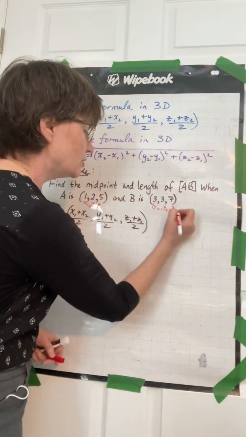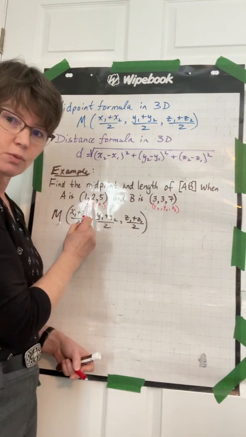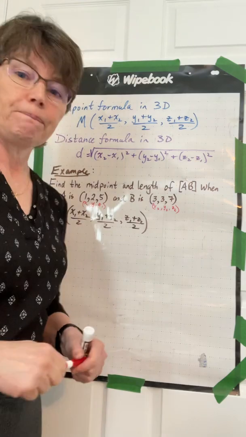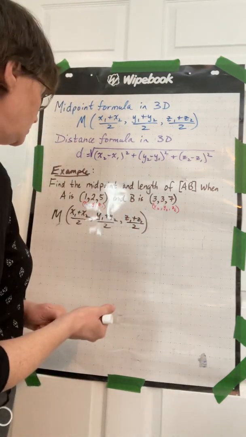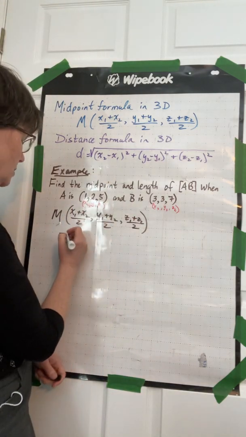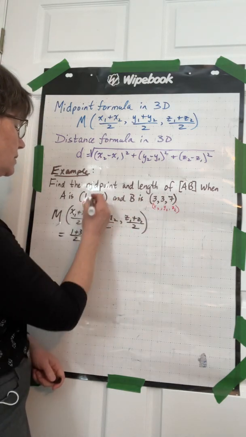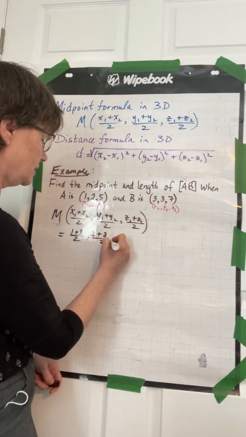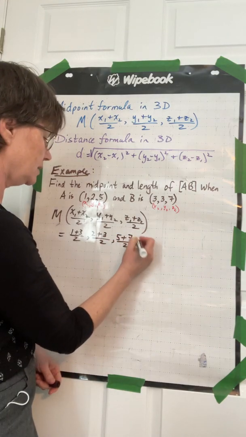As long as you have the x, y, z ones all together, and the x, y, z twos all together, one belonging to one point, two belonging to the other point, you'll be able to do fine. So let's fill this in. We're going to have x1 plus x2 for the x coordinate, y1 plus y2 for the y coordinate, and z1 plus z2 for the z coordinate.